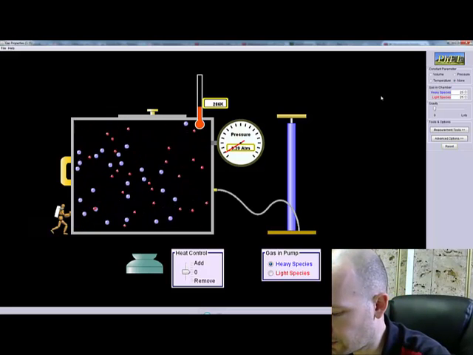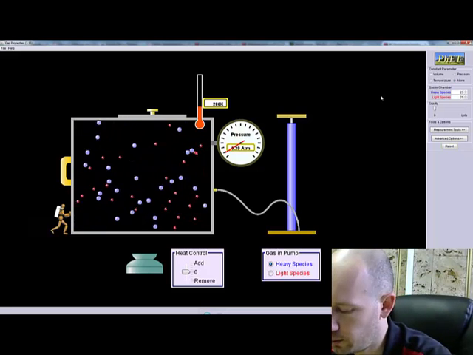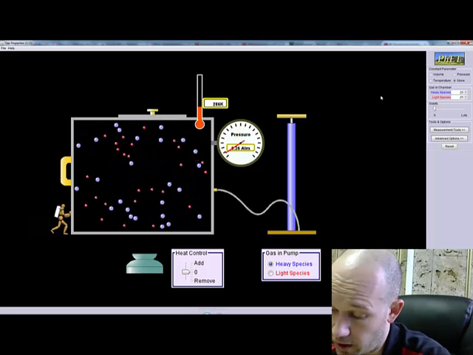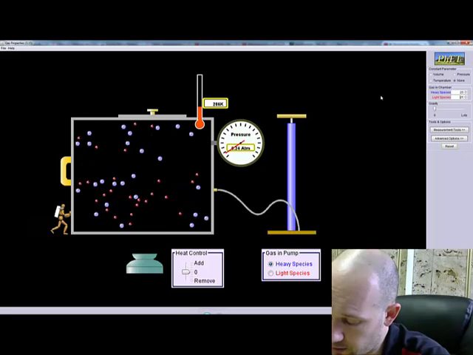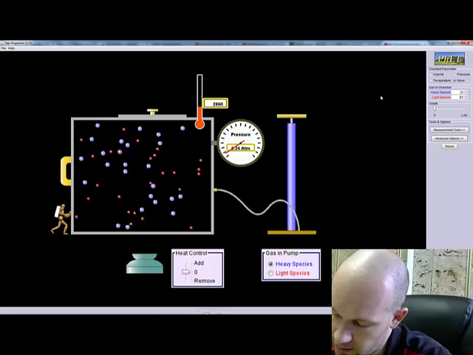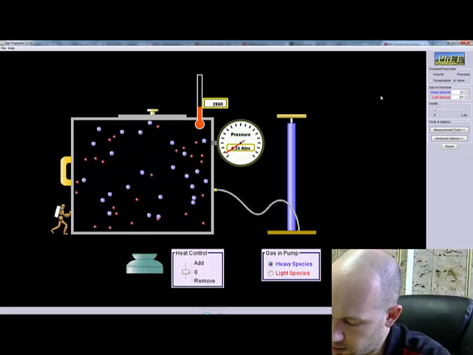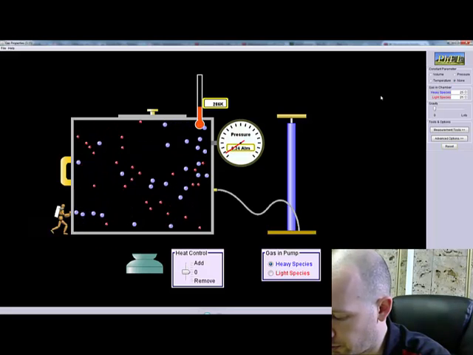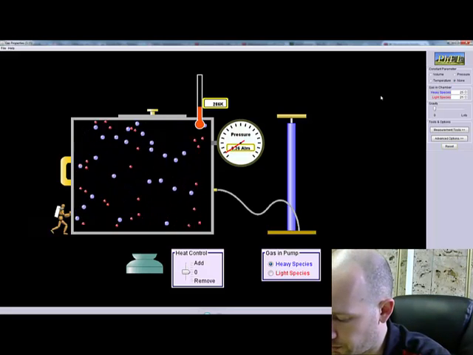So let's change this to 0.22 to 0.30, which on average now would give us about 0.26 plus or minus 0.04 atmospheres.